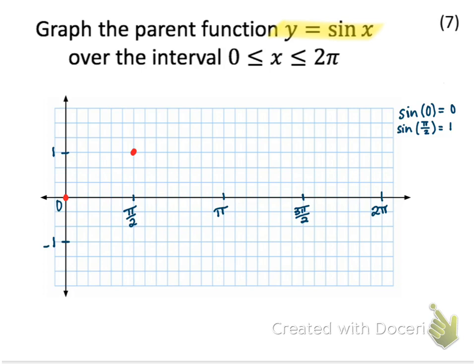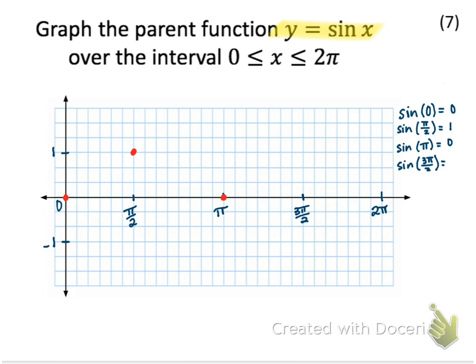We can then evaluate sine of pi. We can locate pi on our unit circle, look at the y coordinate point, which is 0, so sine of pi is equal to 0. So we can plot the point pi, 0. Sine of 3 pi over 2, we can locate on our unit circle, which is equivalent to 270 degrees.